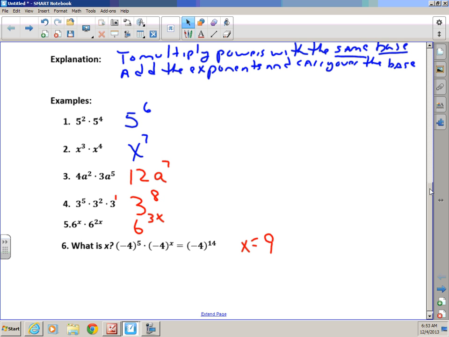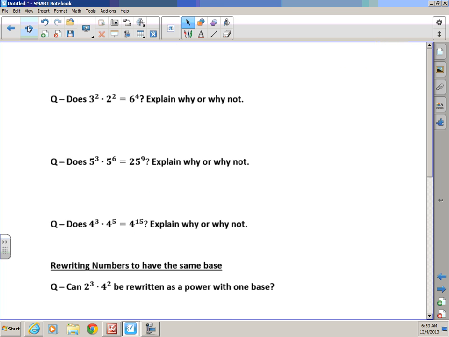Now, let's look at a couple of examples where we want to explore where mistakes are made. Does 3 squared times 2 squared equal 6 to the 4th power? Hopefully right now you're saying no, they're not the same base.